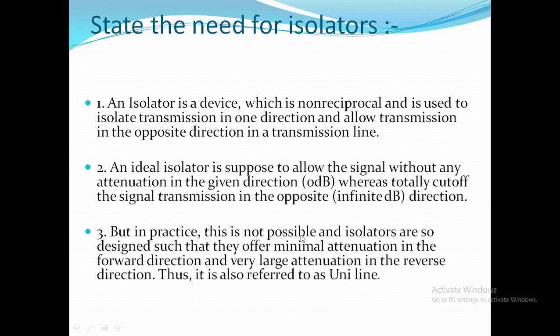Next one is state the need for isolators. An isolator is a device which is non-reciprocal and is used to isolate transmission in one direction and allow transmission in the opposite direction in a transmission line.